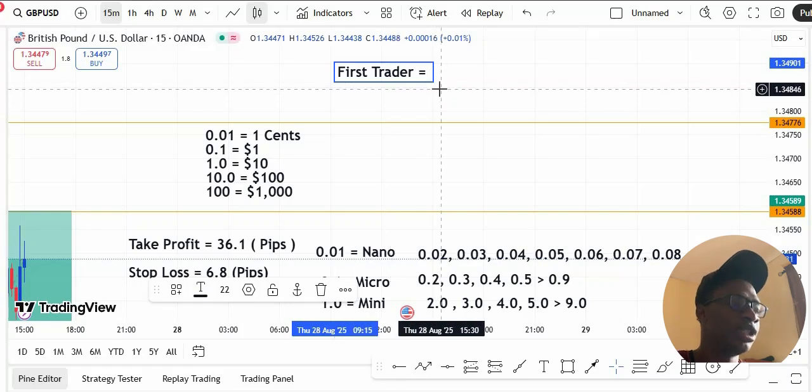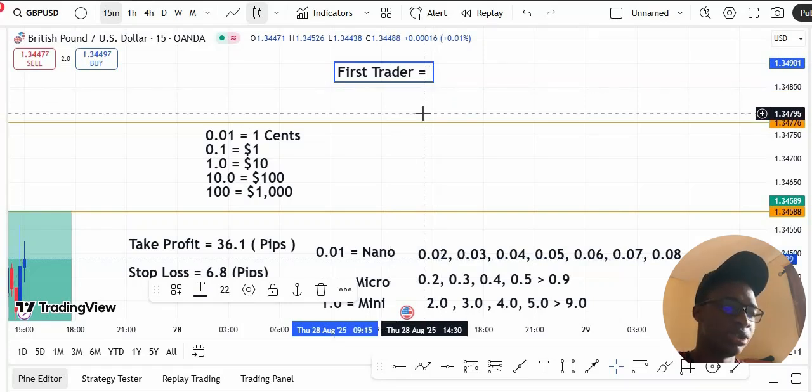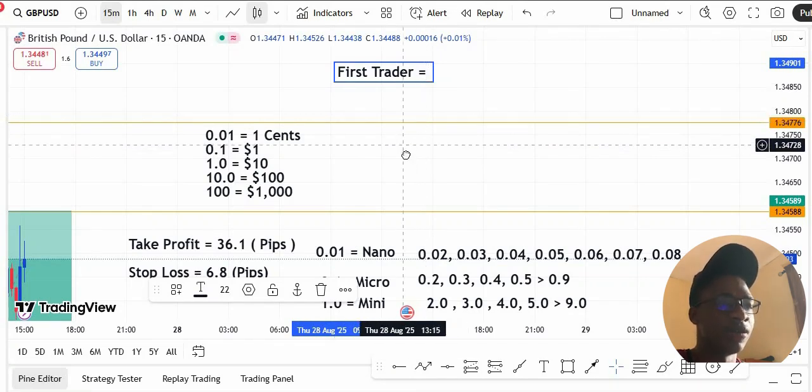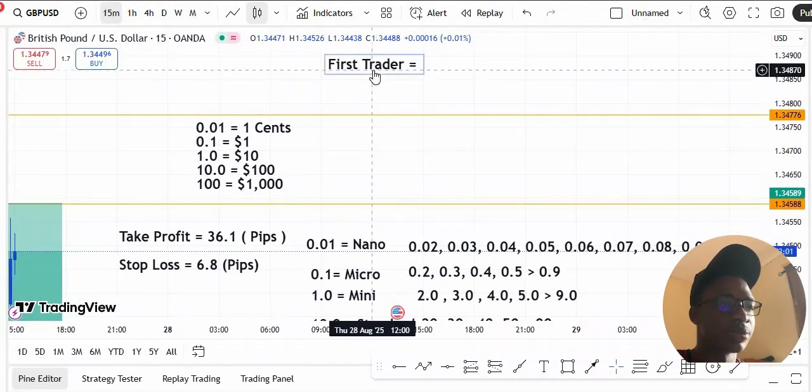So stop loss is the amount you want to lose, take profit is the amount you want to gain. Let's start with stop loss. For stop loss, the risk this trader is opening himself to is 6.8 cents. Remember I said before, to get to $1 it's going to be 10 pips for the 0.01.